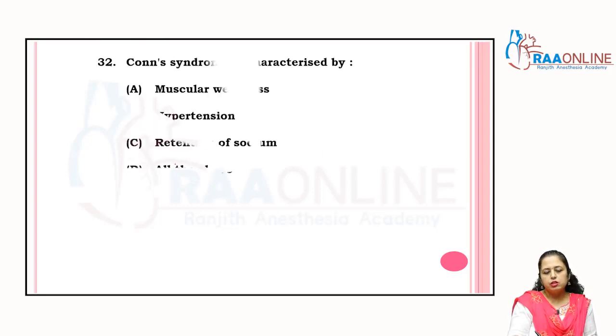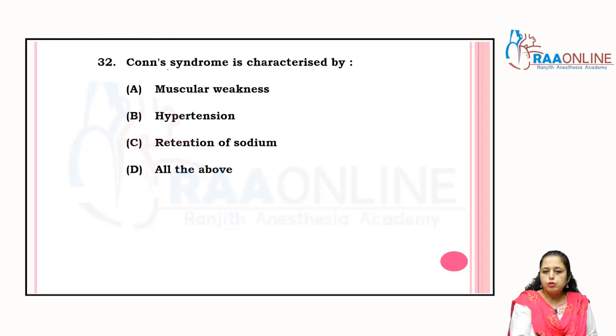Now come to the next question, Cone syndrome. 32. Cone syndrome is characterized by, now what is that Cone syndrome? Cone syndrome is also known as aldosteronism. What is aldosteronism?